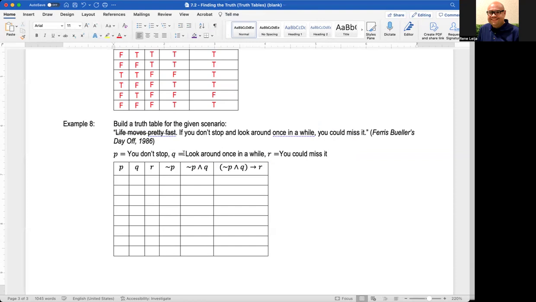Okay. So if P and Q, if you don't stop and look around once in a while, then you could miss it. So if, and again, order of operations, we have to do this one first, not P and Q. All right, so there's my first 8 truth values. That is when R is true.